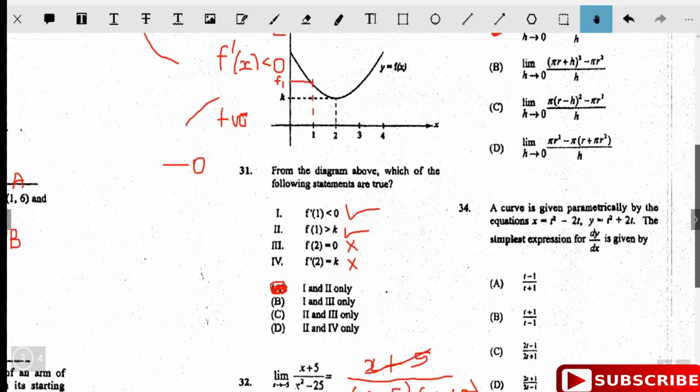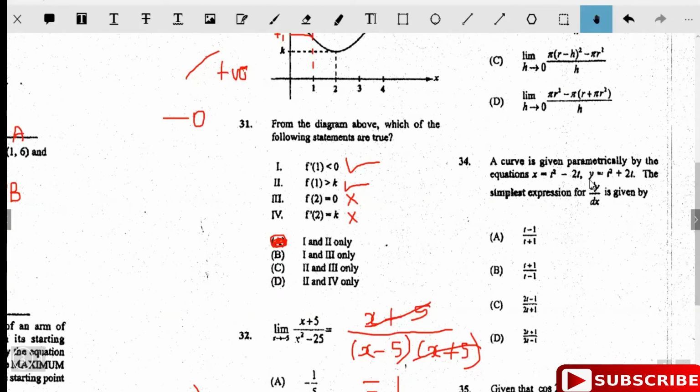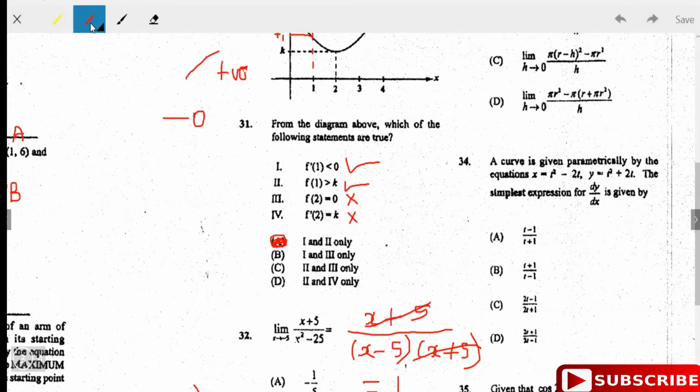Question 34. So we want dy by dx. To find dy by dx, we need the first derivative of x and y. And so the first derivative of y, we can call it y prime. Y prime is going to be equal to 2t plus 2. And then x prime is going to be equal to 2t minus 2.